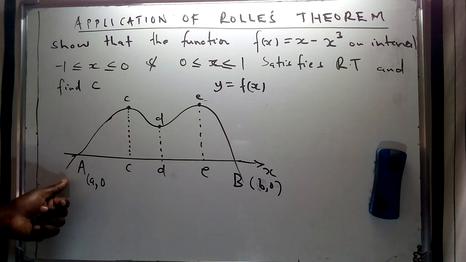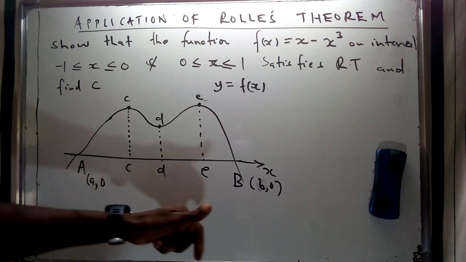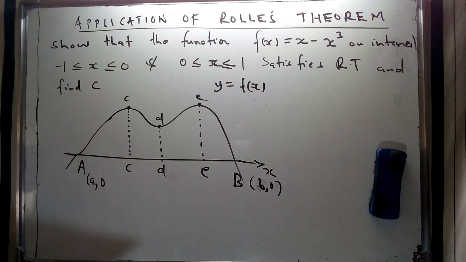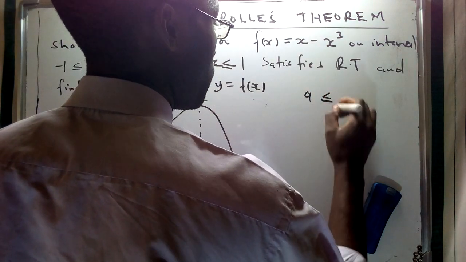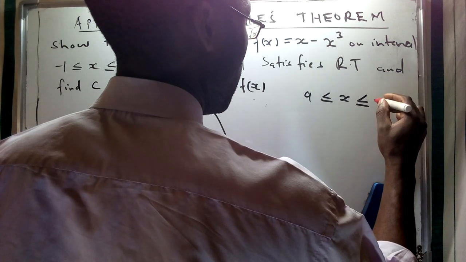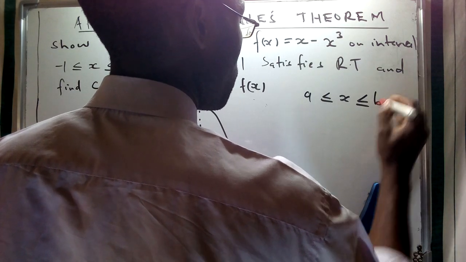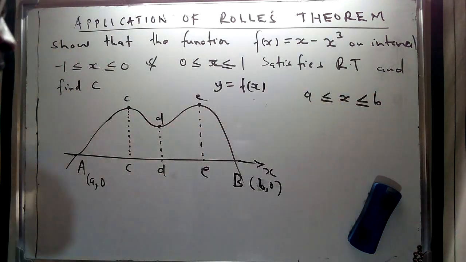In this regard, we're going to consider a case of a function f of x that is continuous on the interval A and B, whereby we give this interval as x greater than A, and also within B but smaller than B. That's going to be the interval of this function f of x.